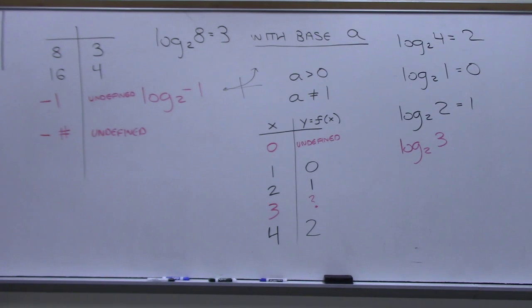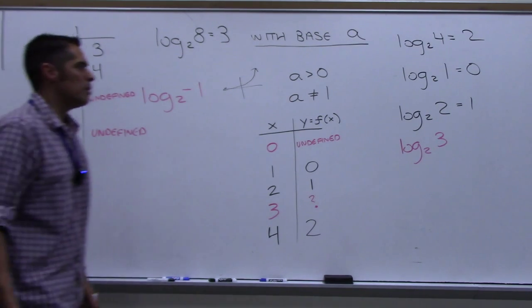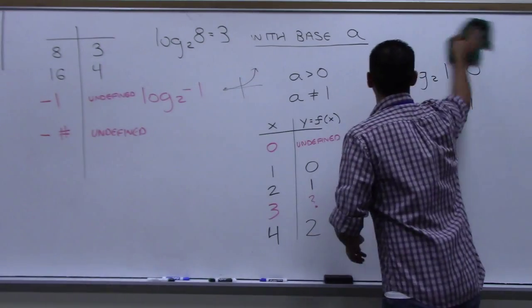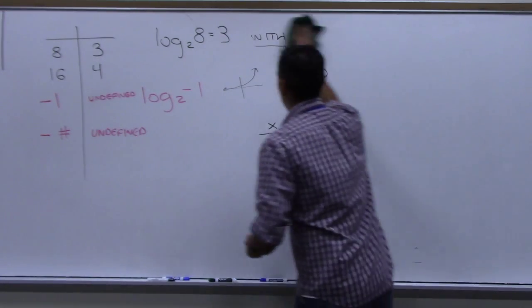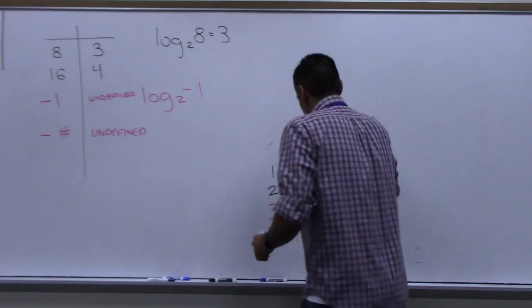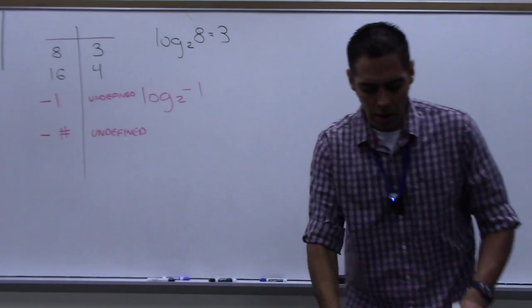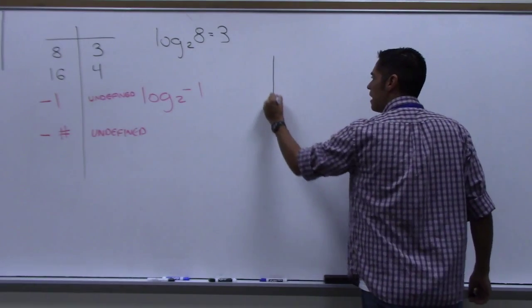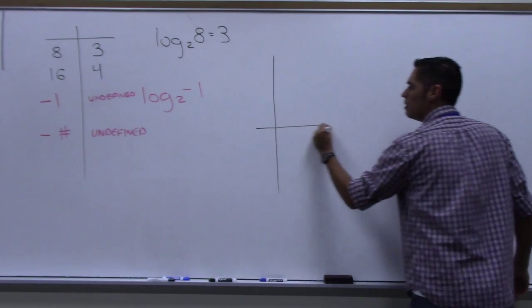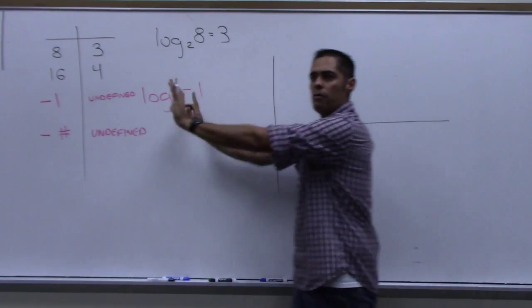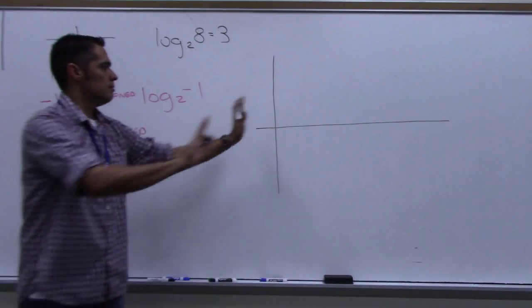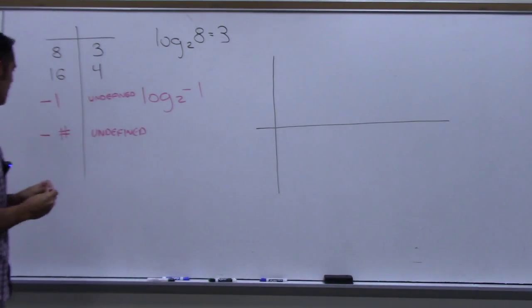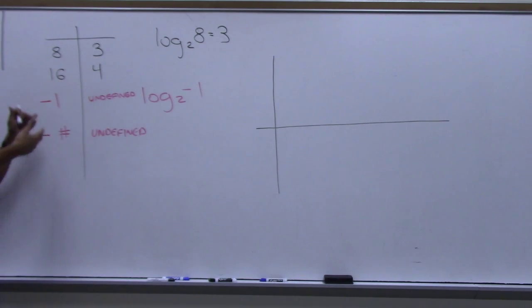All right. So it looks like if we were to graph this so far, let's go ahead and graph this as of right now. If I were to graph this, I know that I cannot draw from 0 over, can I? So far, every time I try and plug a negative number in, nothing happened.